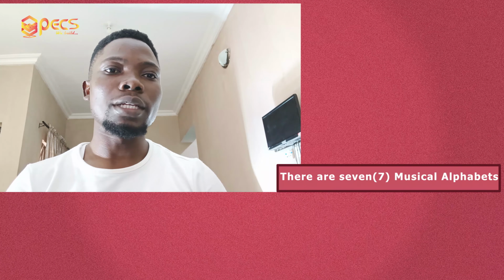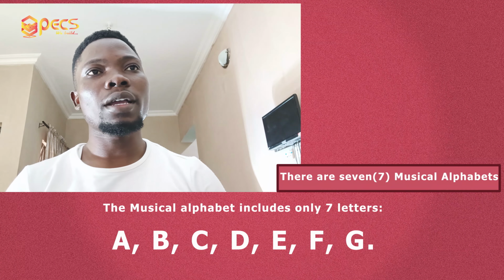So we need to learn the music alphabet. The music alphabet is A, B, C, D, E, F, and G. So these are the 7 music alphabets we have. And all this alphabet is what I'm going to relate to the instrument.